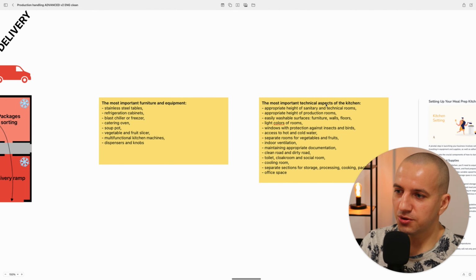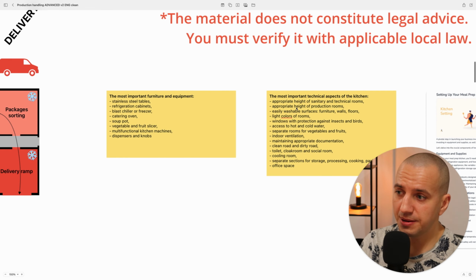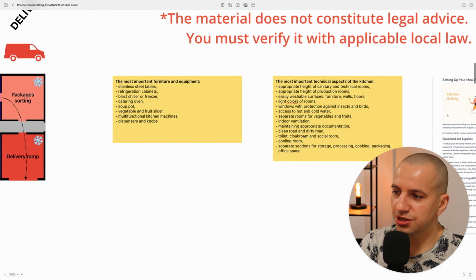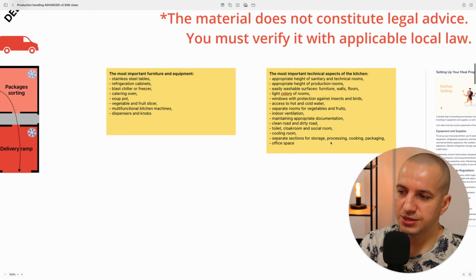And the most important technical aspects of the kitchen, you need to remember: the appropriate height of sanitary and technical rooms, appropriate height of production rooms, easily washable surfaces, furniture, walls, floors, light colors of rooms, windows with protection against insects and birds, access to hot and cold water, separate rooms for vegetables and fruits, indoor ventilation, maintaining appropriate documentation, clean road and dirty road, toilet, cloakroom and social room, cooling room, separate sections for storage, processing, cooking, packaging, and the office space.